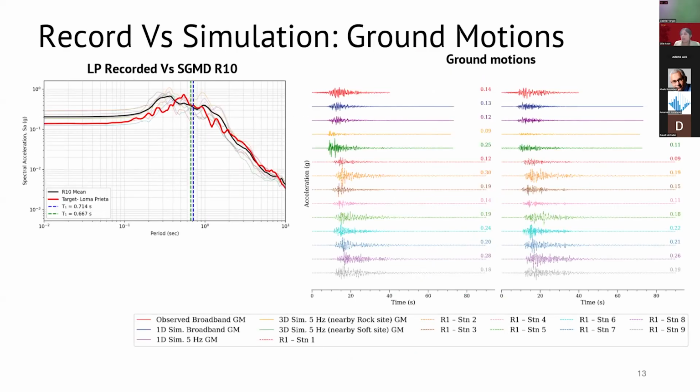Now, this is another of the realization. So this is from realization 10. Again, close match to target, and this time close match near the fundamental periods. And here we see station 4 and station 3 gives us good PGA match.